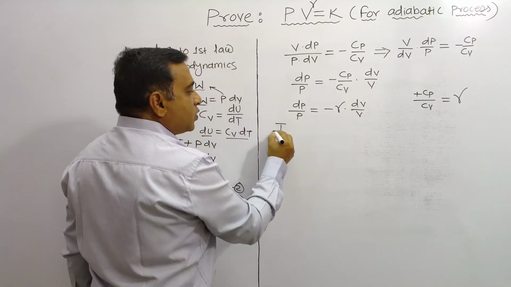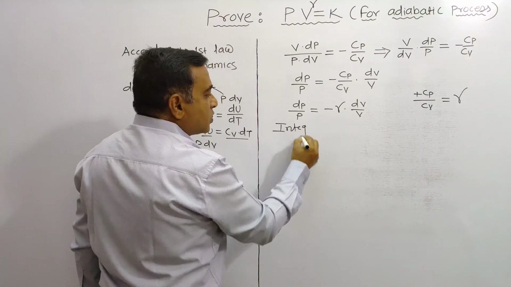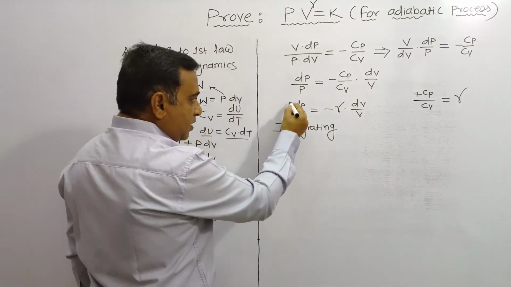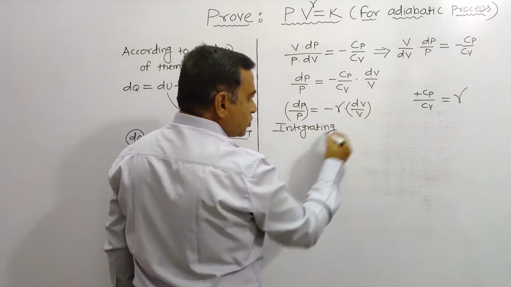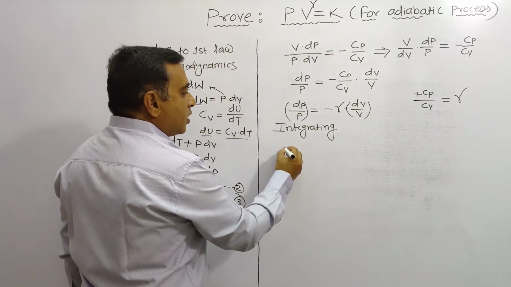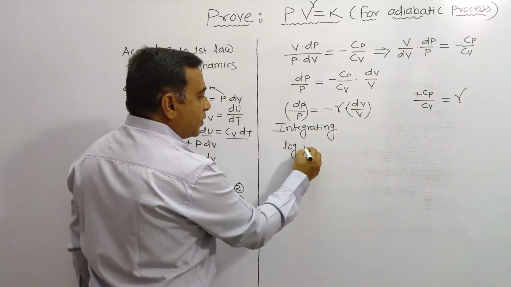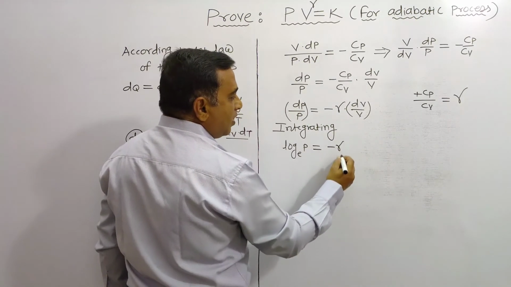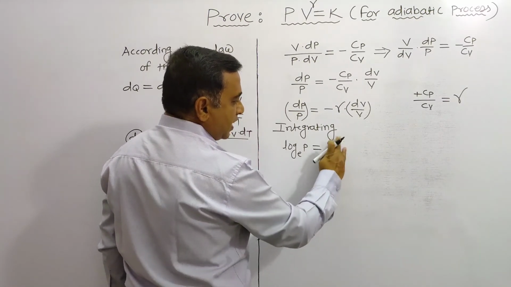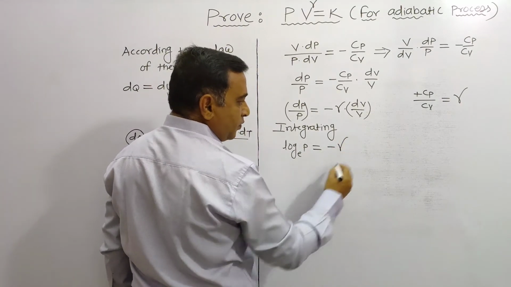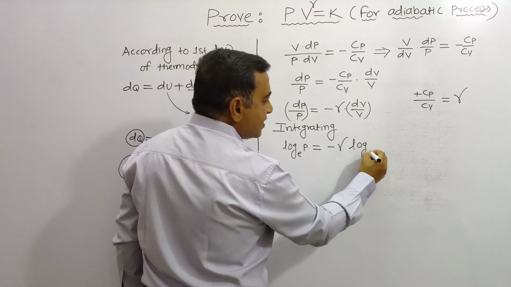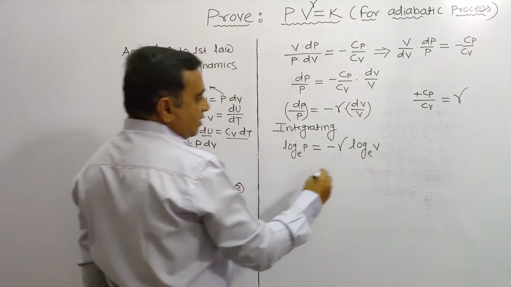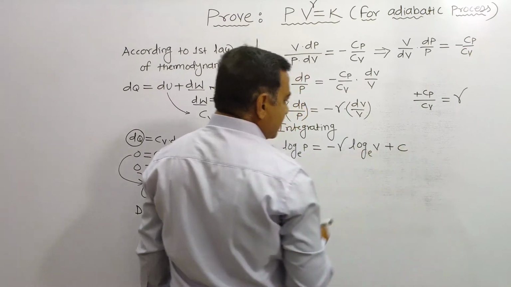Now we need to integrate this equation. After integrating, this term becomes log to the base e P is equal to minus gamma into log to the base e V. We know very well that there is a constant of proportionality I would like to take, that is c.